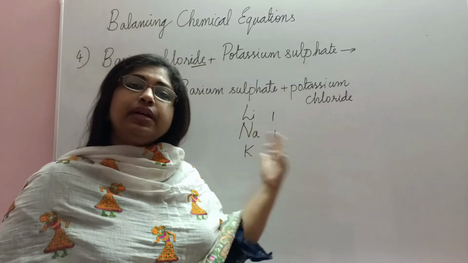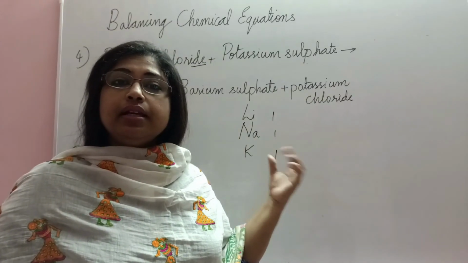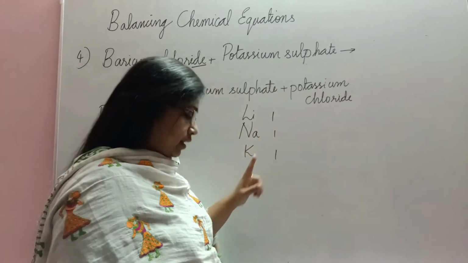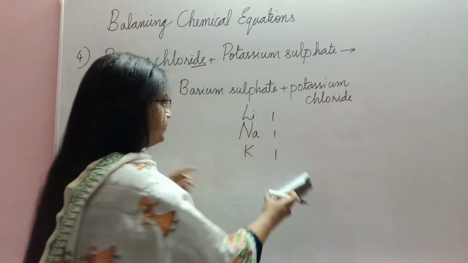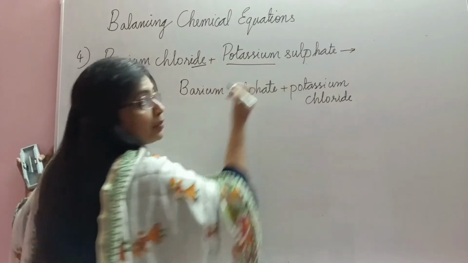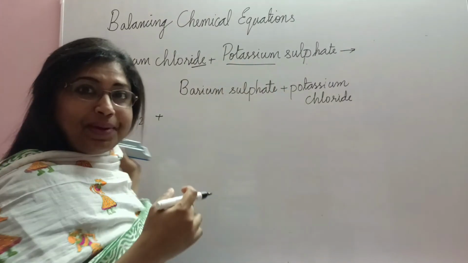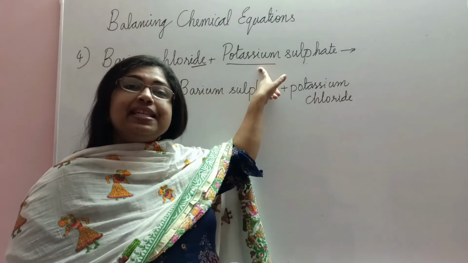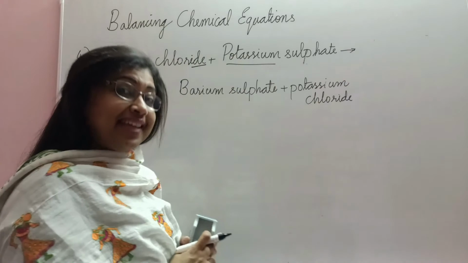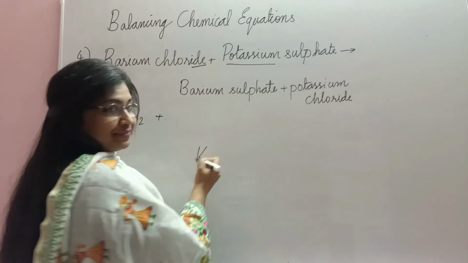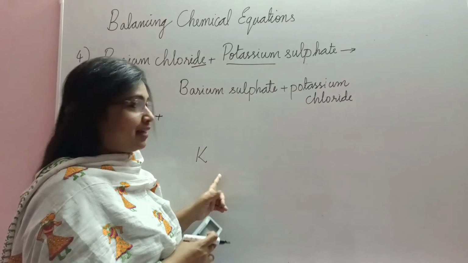So they will lose 1 electron to gain the nearest noble gas configuration. Okay? They will lose 1 electron, so their valency is 1. Now, what is the symbol for potassium? Is it P? No. The symbol of potassium is K. Remember it. K. The symbol of potassium is K.